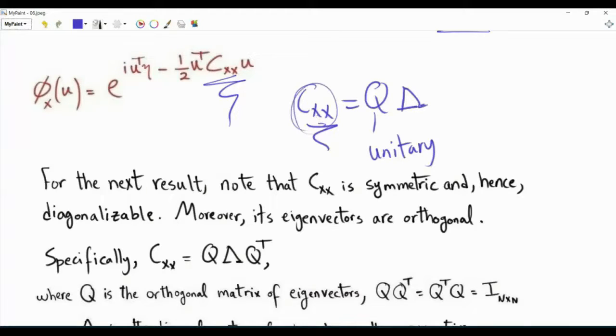If our matrix Cxx is invertible, then the eigenvalues on the main diagonal will be strictly positive. Then we have the inverse of the matrix Q, and since it is unitary, or orthogonal, the inverse is Q transpose.